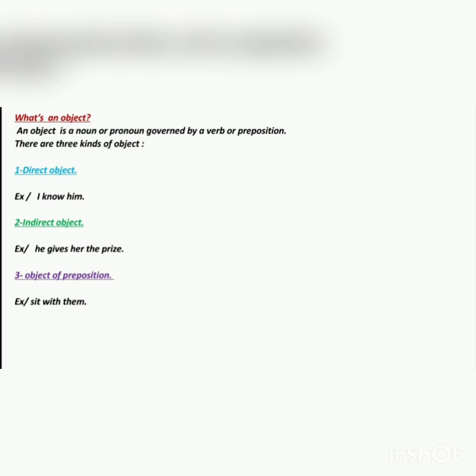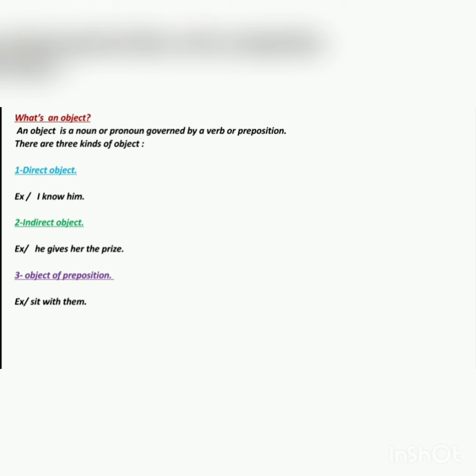For example, he gives her the price. He is the subject, gives is the main verb, her is the indirect object actually, and the price is the direct object. So here we have an indirect object, which sometimes could be a pronoun or noun.